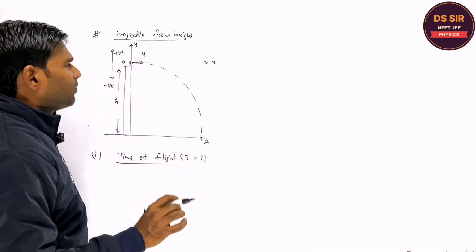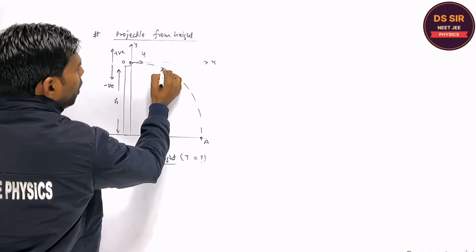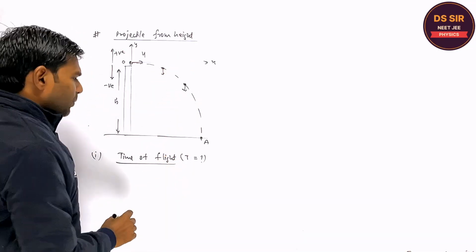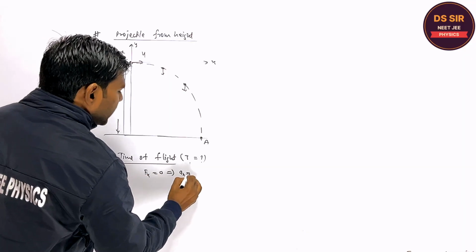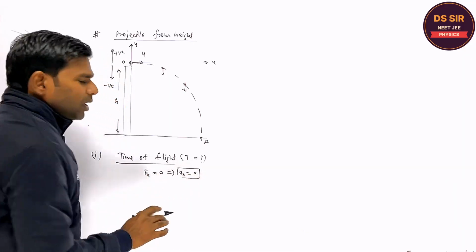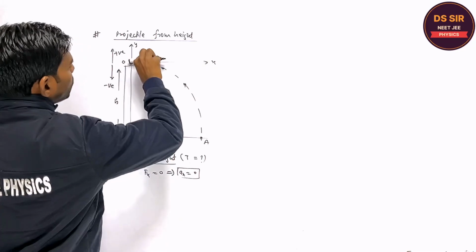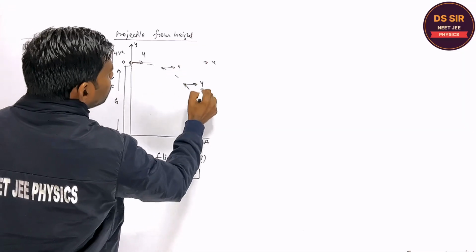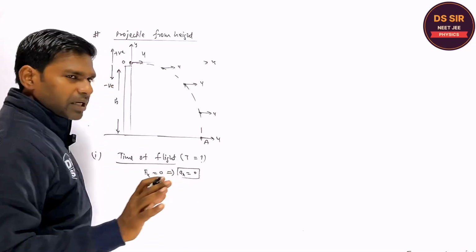So to find the time of flight, when it is moving, how many forces will act upon this? Only the mg force will act upon this, and in the x direction, no force. Therefore the acceleration in the x direction is 0, and the velocity in the x direction will not change. The initial velocity is u, so the velocity in this direction will remain u. Is it clear or not?